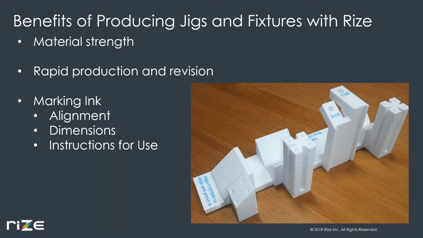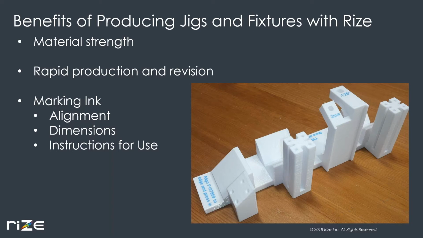The fast rate of production and small amount of post-processing required also allows you to produce and revise your jig and fixture designs faster than other printing methods and much faster than traditional machining and manufacturing methods.